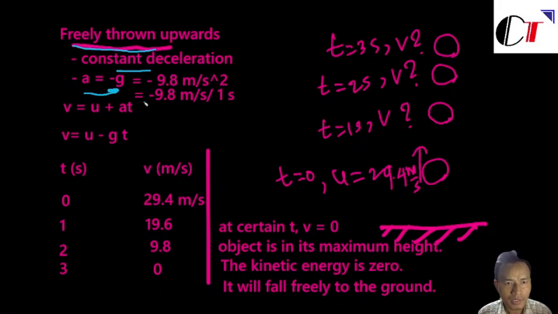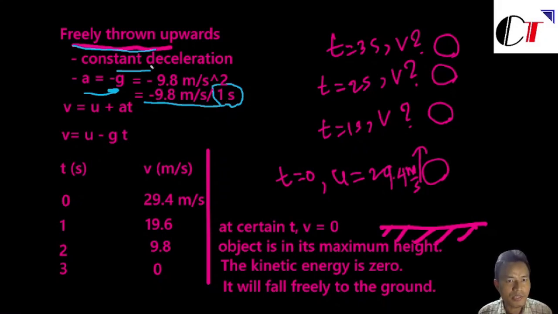So this means your acceleration can be expressed as minus 9.8 meter per second divided by 1 second. What does it mean? So this means within every 1 second time interval, the speed will be reduced by 9.8 meter per second. So that is the way you make sense of the negative acceleration.